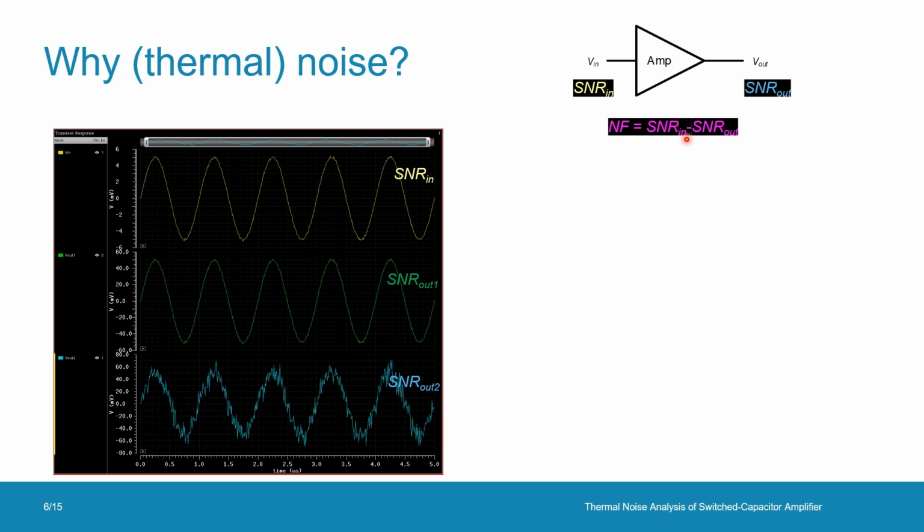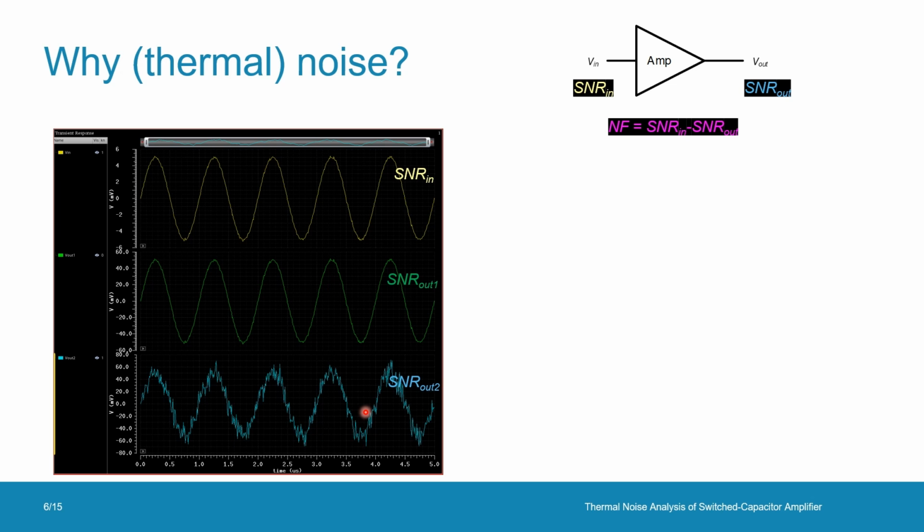Now, for an ideal noiseless amplifier, noise figure is 0 dB. So, to make this amplifier useful in any practical application, its noise has to be designed sufficiently low. Otherwise, the output signal will look like this, kind of junky, or even much worse.